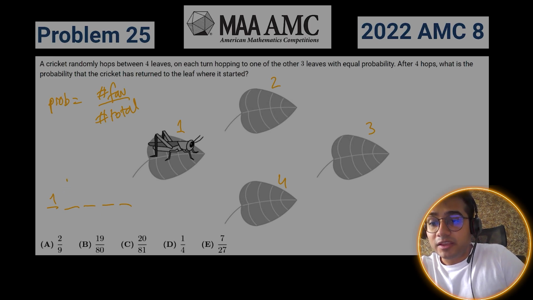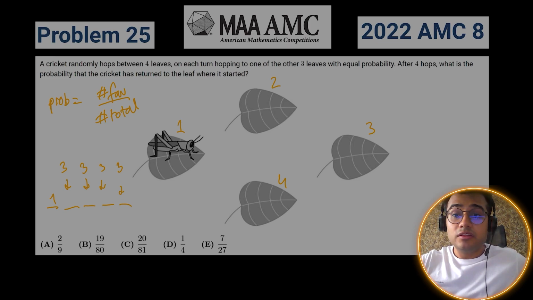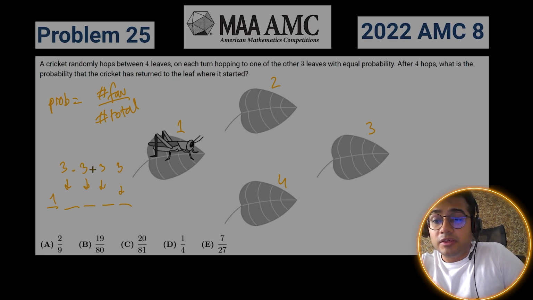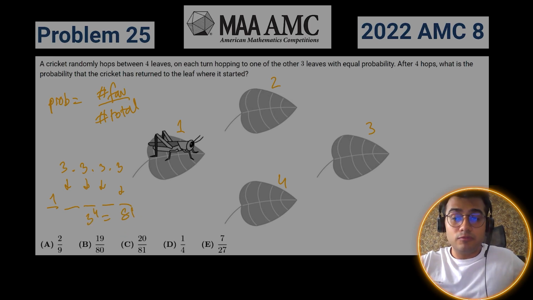For the first hop we have 3 possibilities, then 3 possibilities for the second hop, 3 for the third hop, and 3 possibilities for the fourth hop. Since there are no restrictions, the total number of possibilities will be 3 raised to the power 4, which is 81. So that's the total number of possibilities we have.